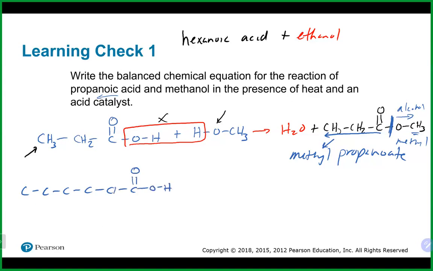Carbon, hydrogens in, should end up something like this.